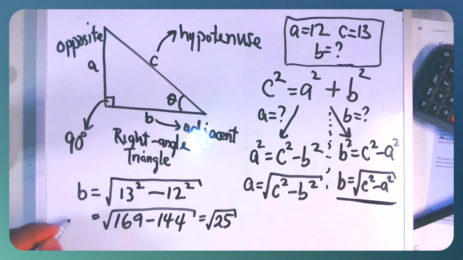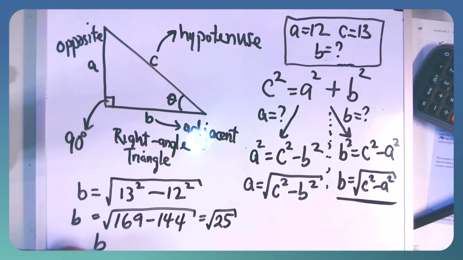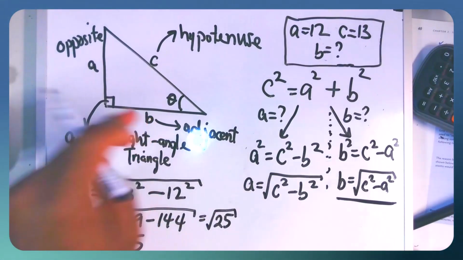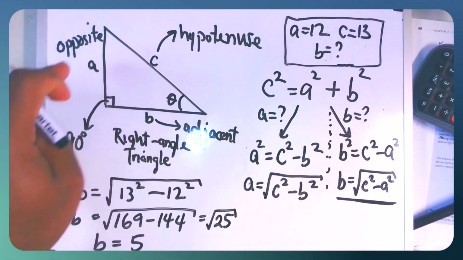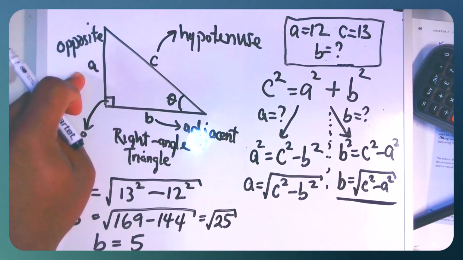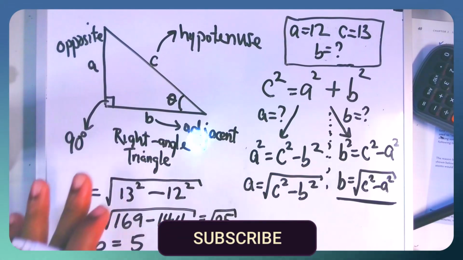The square root of 25 gives us B equal to 5. This is a way for us to figure out the other side given the longest side and the other smaller side of a right angle triangle.